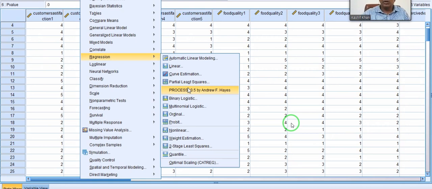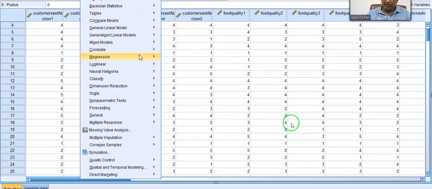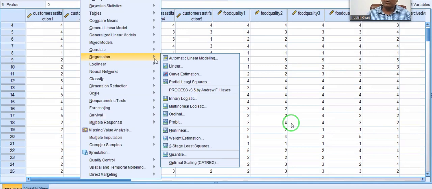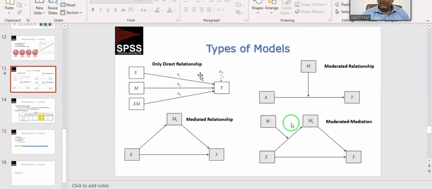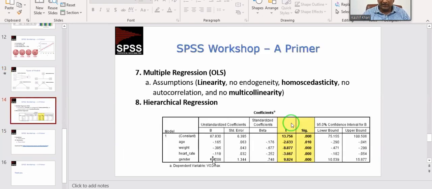We can run various types of regression from here, but when it comes to running mediation and moderation within regression, we need to install this free add-on, Process Macro, or Process by Hayes. The direct relationship can be run easily, but for moderation, mediation, or moderated mediation, we need Process Macro, because SPSS itself doesn't have this option.